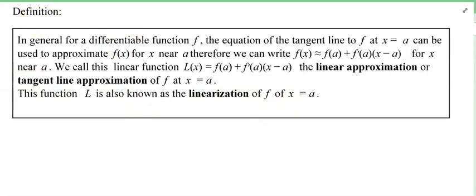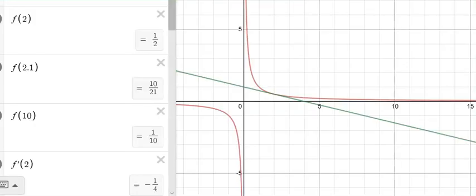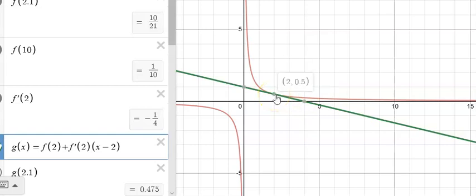So we're going to look at what this looks like graphically. Graphically, this red curve, when we graph this using Desmos.com, is the graph of the function f of x is equal to 1 over x. You notice f of 2 is 0.5.